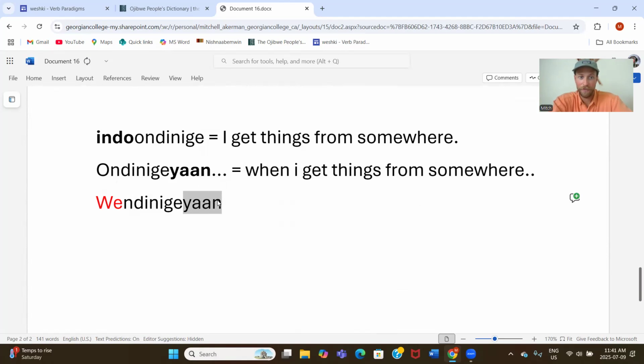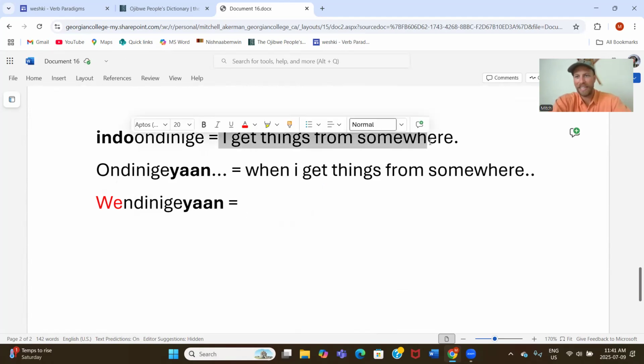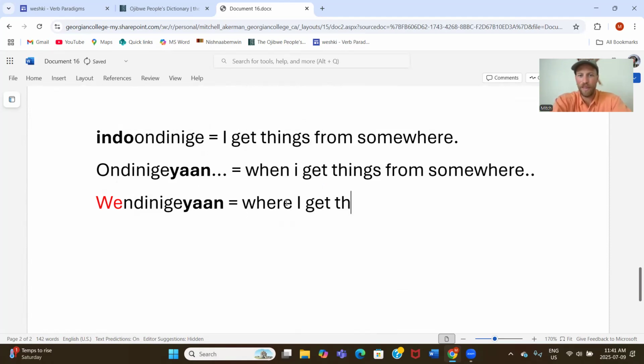And what does this become in English? If A form is I get things from somewhere, C form is where I get things, or the place I get stuff from.